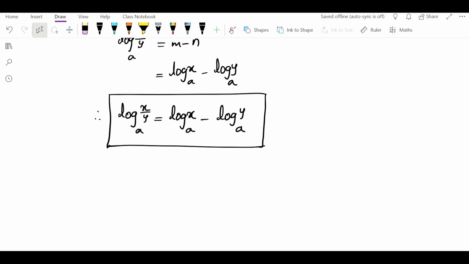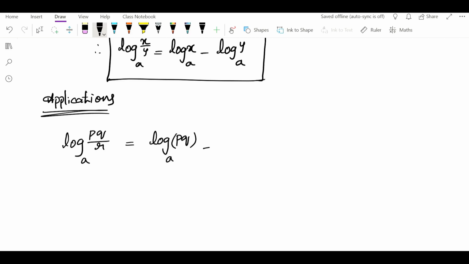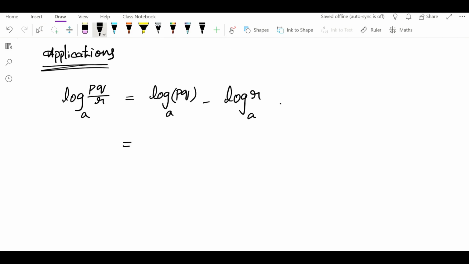What are the applications of this quotient rule? Applications. Log PQ by R base a is equal to log PQ base a minus log R base a. Again, this log PQ base a is in the form of log XY base a.